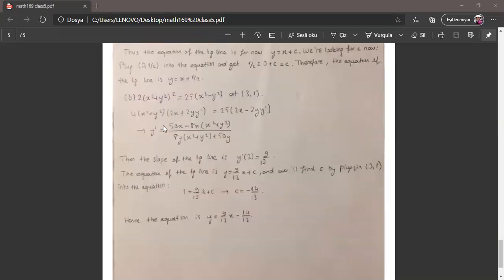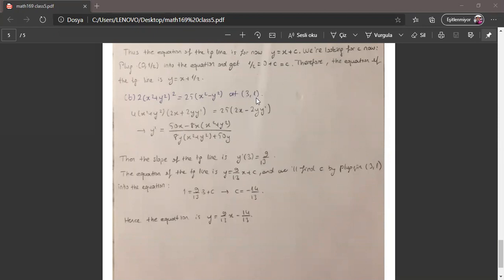What about this? Again, we find y prime by implicit differentiation. Now what do we do? To find the slope, we now plug x equals 3, okay? Because we are given this point. So we plug x equals 3, and here we get 9/13. Here we plug x equals 3 and y equals 1, okay?